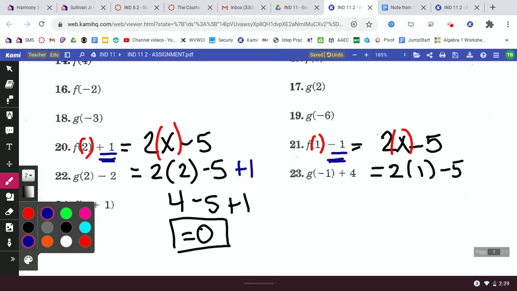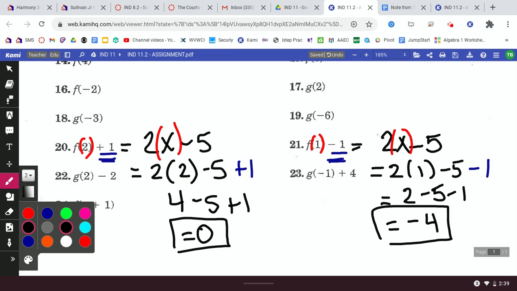There's my plus 1, kind of that add-on at the end, or that subtraction at the end. Minus 1, so I'm going to tag that on at the end of my function. Okay, using PEMDAS, I'm going to do multiplication first. 2 times 1 is 2. Minus 5 minus 1. And then I just have a string of addition and subtraction. So 2 minus 5 is negative 3. Minus 1 is negative 4. So f of 1 minus 1 is negative 4.